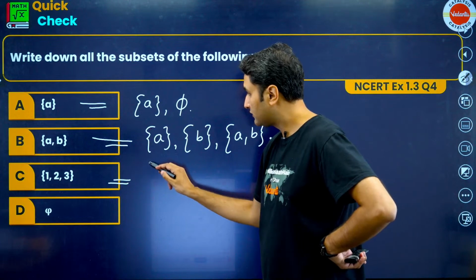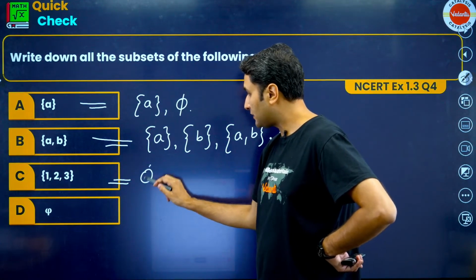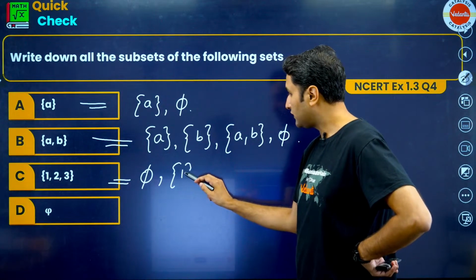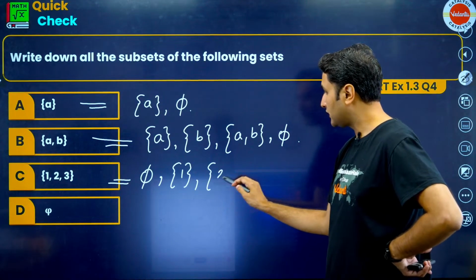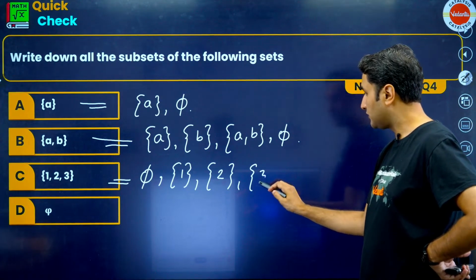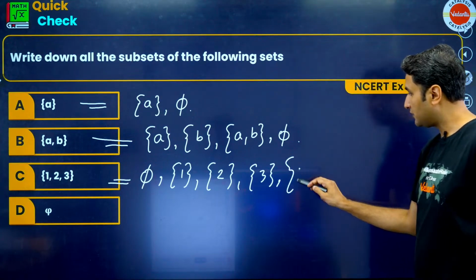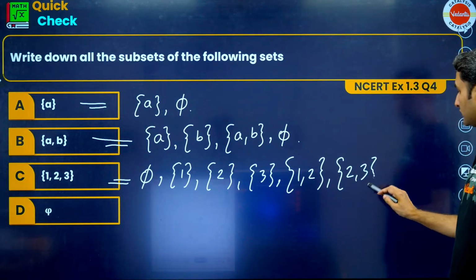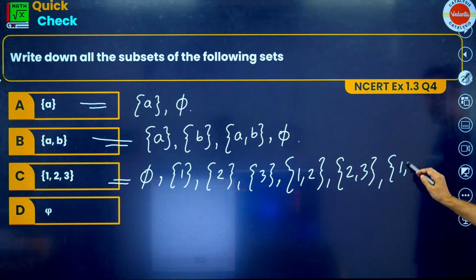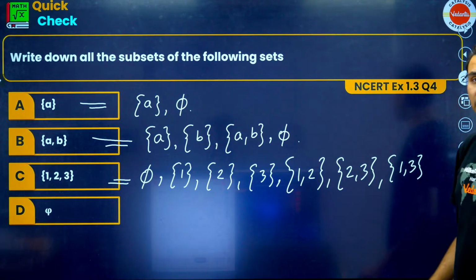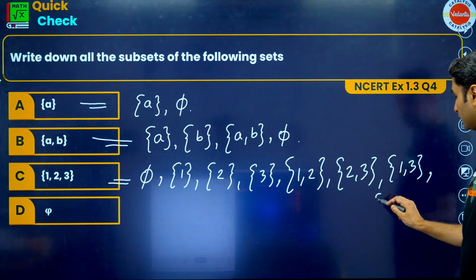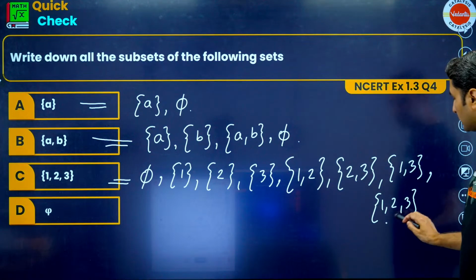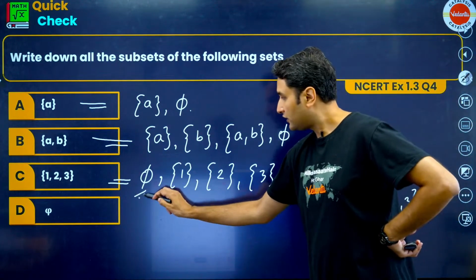Similarly, look at this. Phi is a subset of every set. The set containing element 1, the set containing element 2, the set containing element 3, the set containing elements 1, 2, the set containing elements 2, 3, the set containing elements 1, 3, and the set itself, that is 1, 2, 3. Typically students miss out on the set itself and the phi.